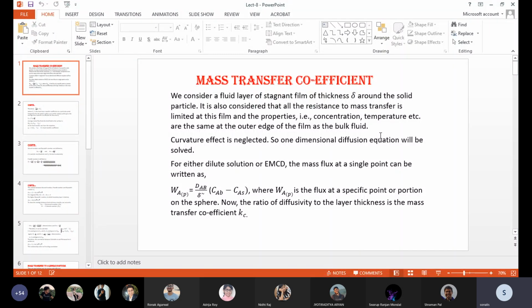Otherwise, just after this delta, whatever concentration is there in the bulk is the same at the outer surface of the delta. And the curvature effect is neglected. We have considered no curvature, so a one dimensional diffusion equation will be solved.